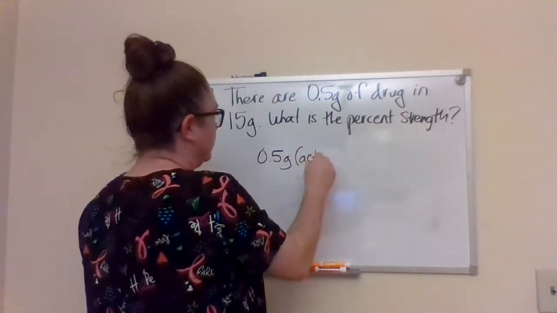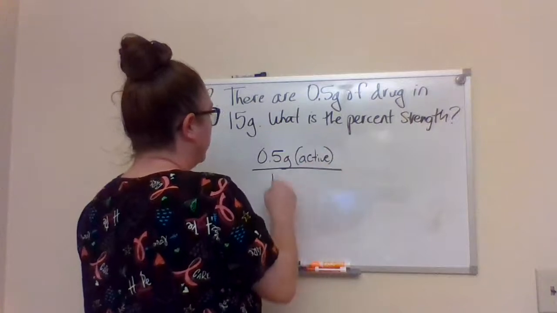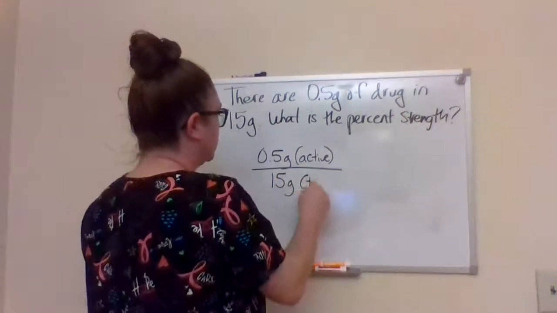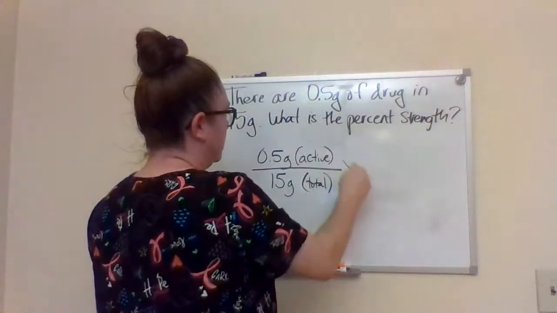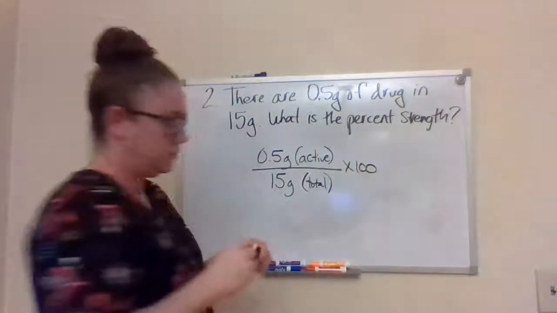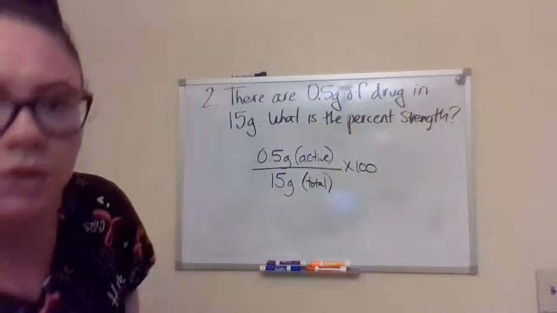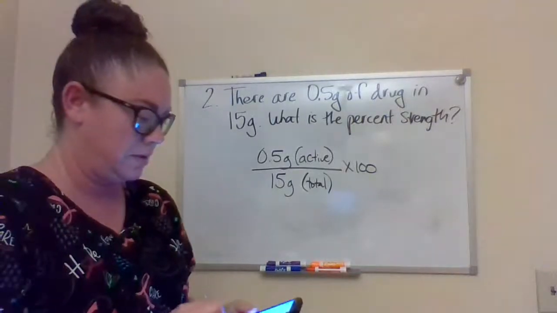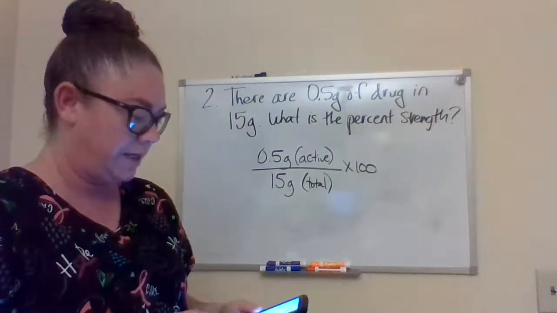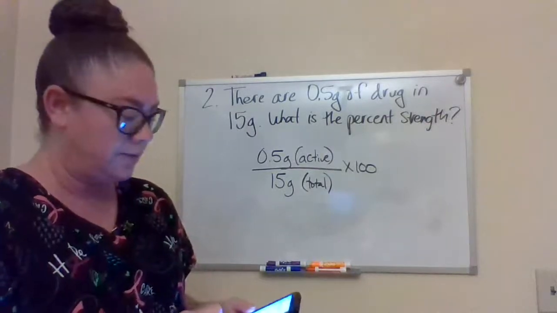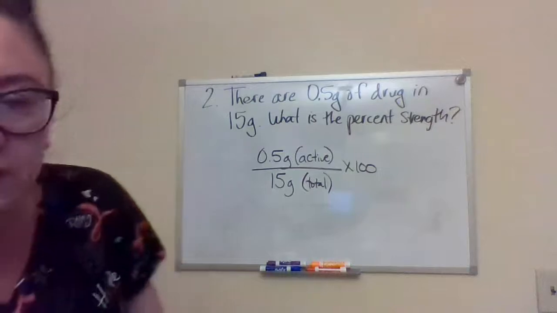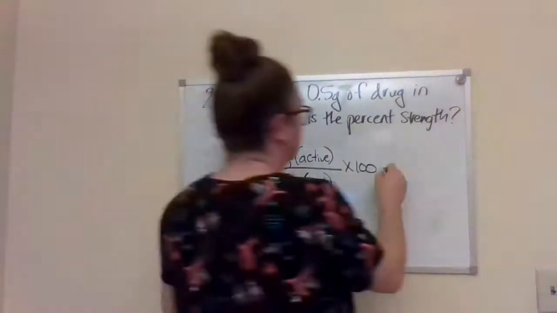Okay, so we're going to take 0.5 grams. That's my active, divided by 15 grams, that's my total, and then times my 100, okay? So 0.5 divided by 15 is 0.03333 times 100, and we get 3.3%.